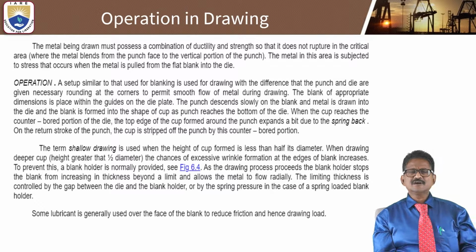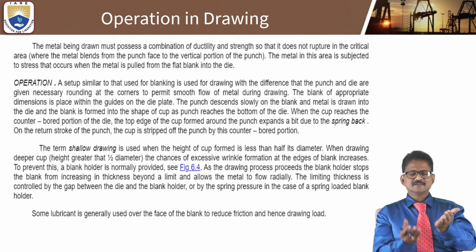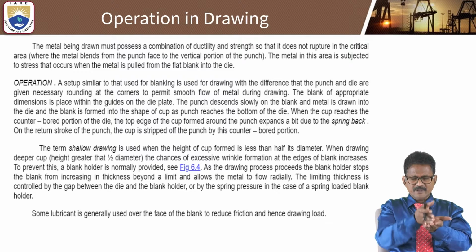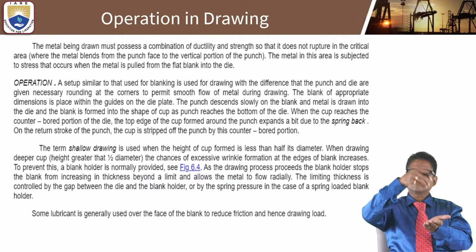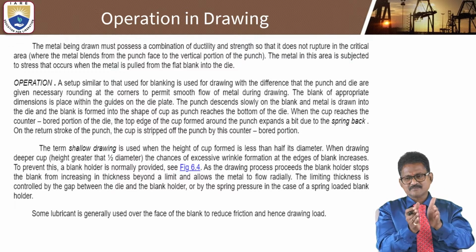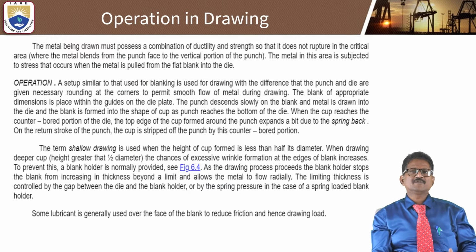Look, I hope every student knows the basic operation in drawing. There will be a straight sheet. On the sheet, you apply compressive force with the punch, so that a rectangular or square shape can be formed with this operation.